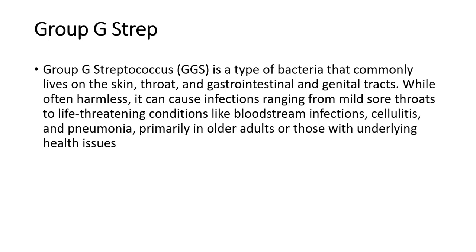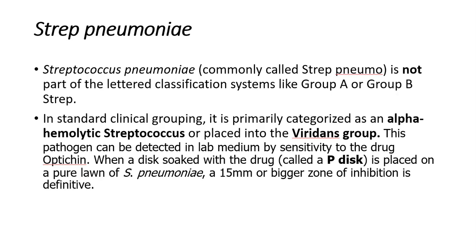Again, normal flora: skin, throat, gastrointestinal tract, genital tract. It's often harmless, but it can cause mild sore throats or go to life-threatening conditions like sepsis, cellulitis, pneumonia, primarily in older adults and those with underlying health conditions, as usual. So if you get an underlying health condition, it really does set you up.